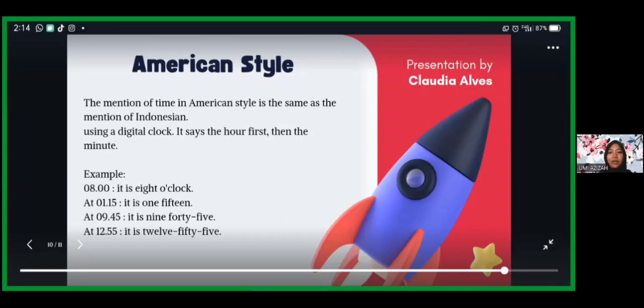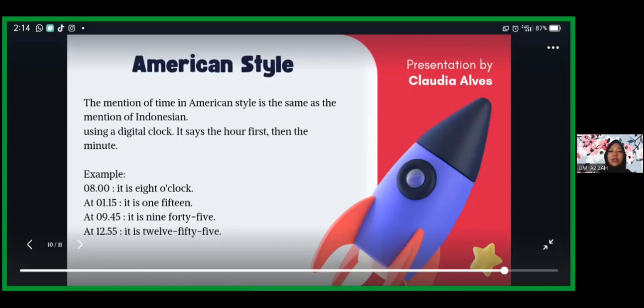AM and PM are less commonly used in everyday conversation, yeah. Usually we use in the morning, in the afternoon, in the evening, at night, like that. It is the rules. We must use it. If American style, we can stop at the hours. It is simpler than British style.